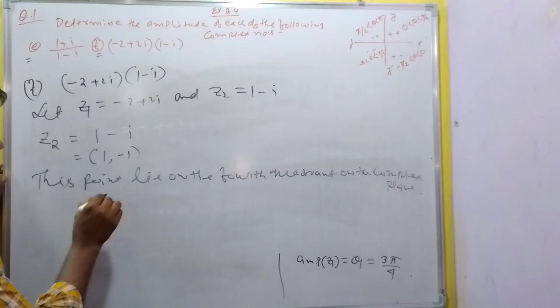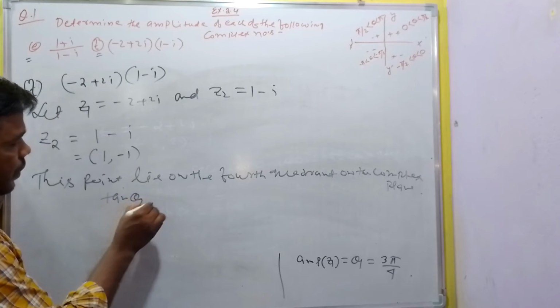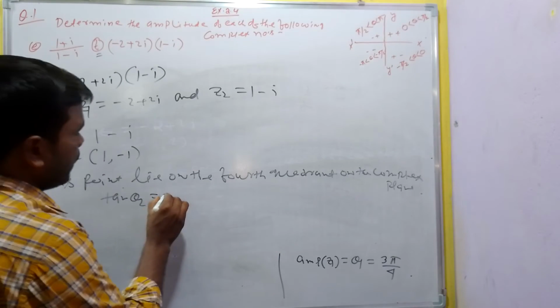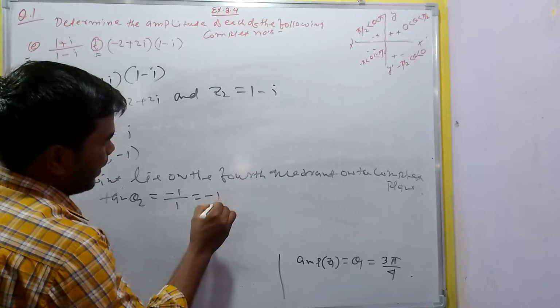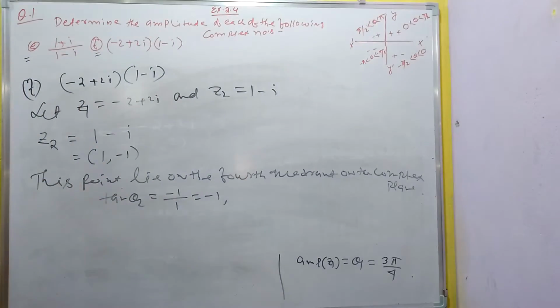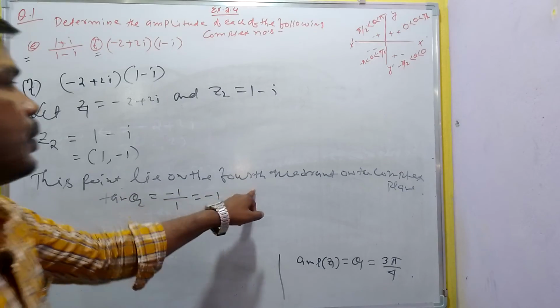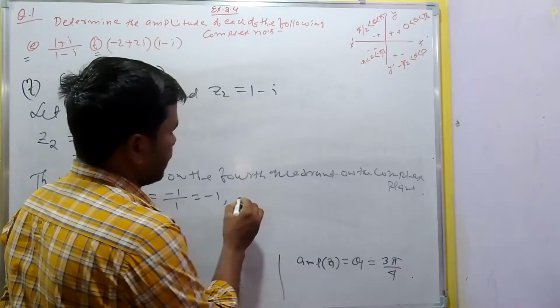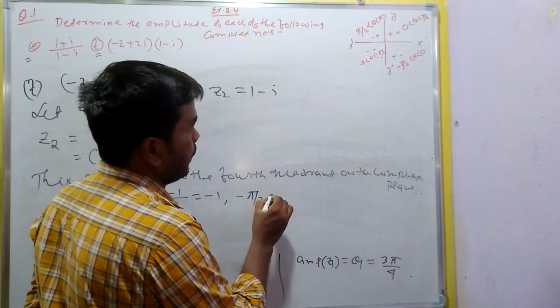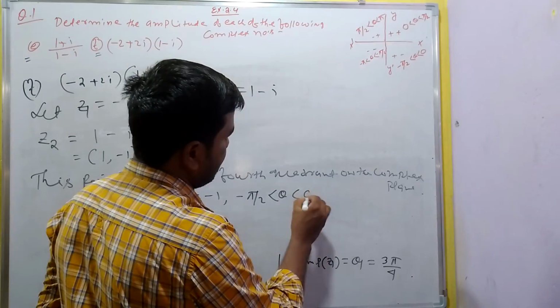Now you have to write tan theta 2 equals minus 1 by 1, so equals minus 1. Now this point lies on the fourth quadrant, so minus pi by 2 less than theta less than 0.